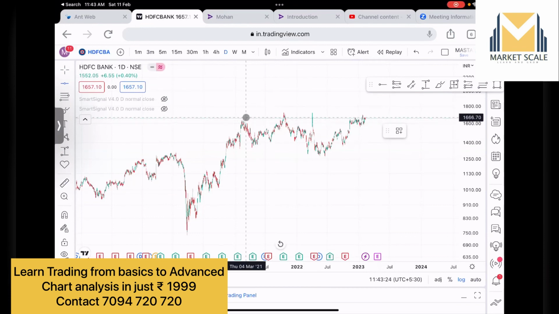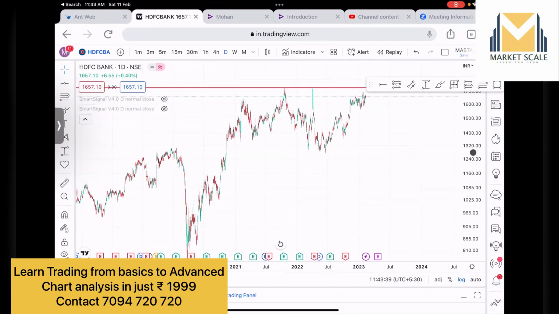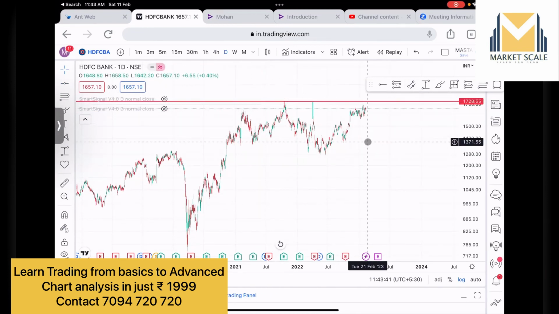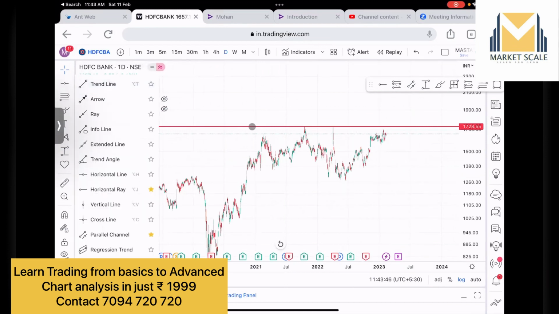First of all, this is the area where the market came upside and fell down again at this level. Right? This is resistance. Then we can mark this level, right? Like a horizontal line. Correct. And again, this one we can mark it, right? This one. Yeah. Yep.